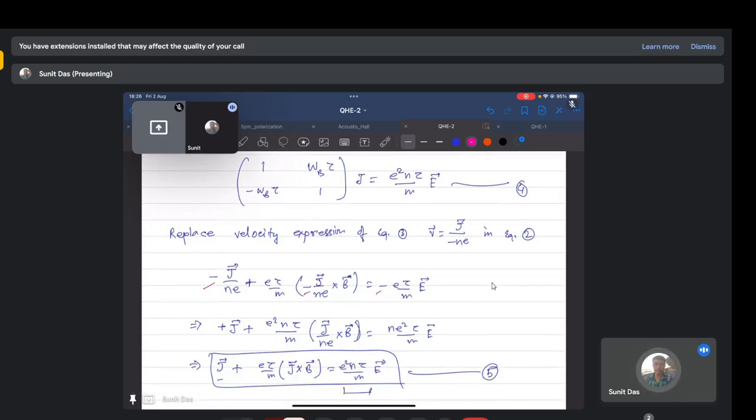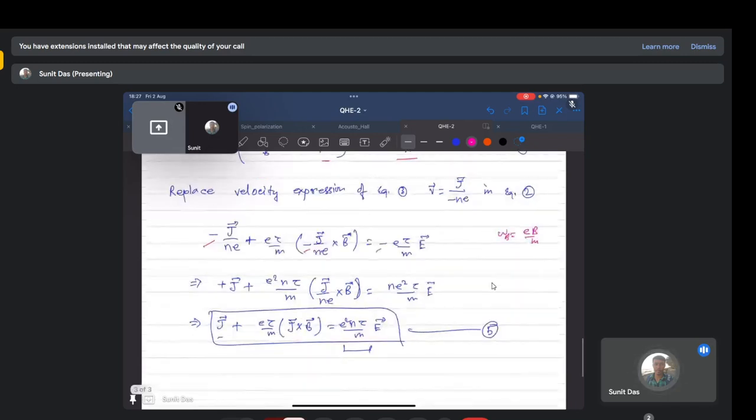As you can see from this term, simply the diagonal terms are related by e square n tau by m, whereas the off diagonal terms are related by omega b tau, where omega b is equal to e b by m. So here one b is there, so e tau by m into b, and then j cross b cap.